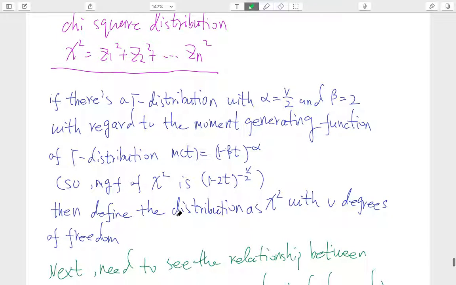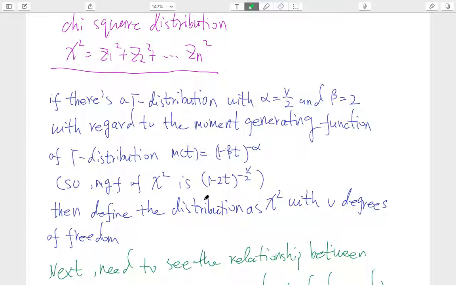And then we just define such a distribution, chi-square distribution, with v degrees of freedom. And you see it's just a special kind of gamma distribution with alpha equals v over 2 and beta equals 2. And then you can find out the moment generating function of the corresponding distribution. It takes the form like that.